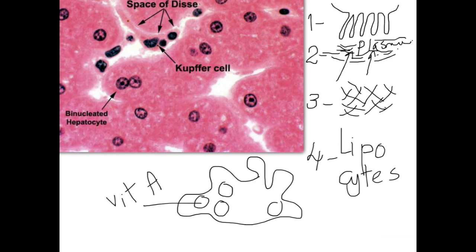And it contains the long microvilli of the hepatocyte to increase the surface area for exchange between the hepatocyte and the plasma oozing from the blood sinusoid, and the reticular fibers supporting the wall of the blood sinusoid, and the plasma oozing itself. So microvilli, plasma, reticular fibers, and finally we also have in this space the lipocytes storing vitamin A inside these lipid droplets in the form of retinyl ester.